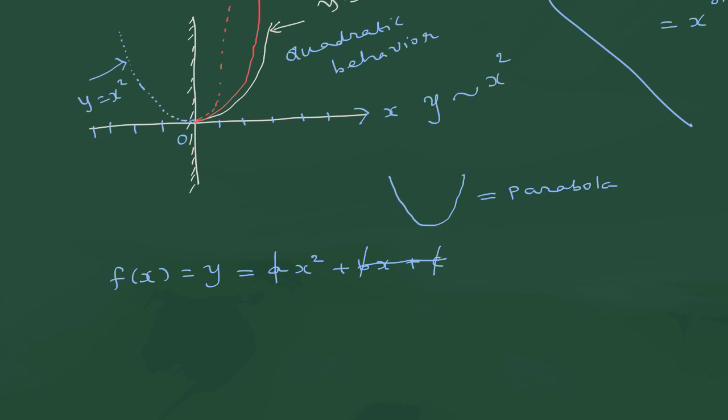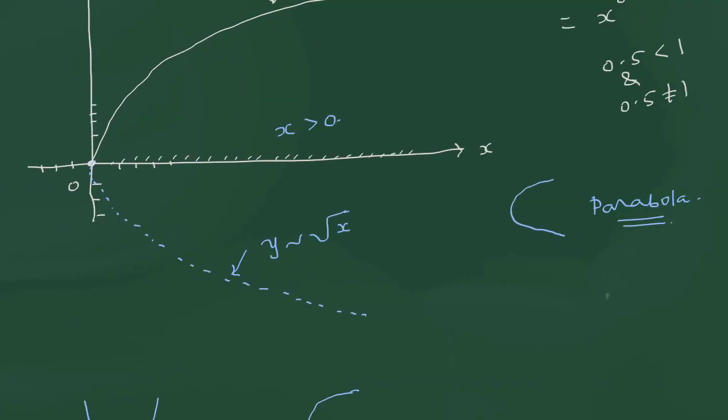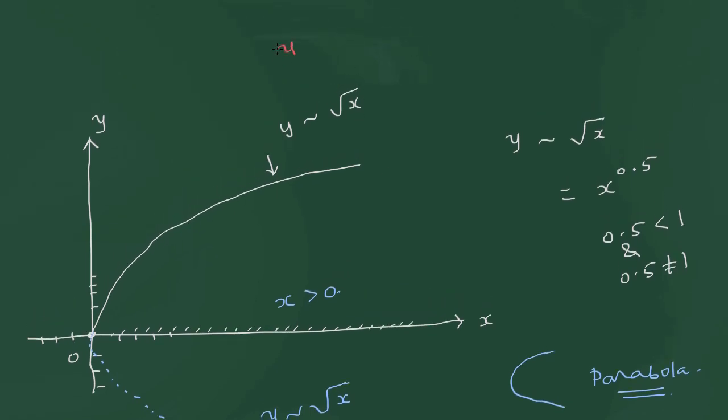Coming back to the square root case, let us see it. You can ask the question, suppose I have another option where y goes like x to the power 1 by 3. Now this is actually x to the power 1 by 2, so 1 by 2 is becoming 1 by 3. Then you have to draw like this, a little bit.